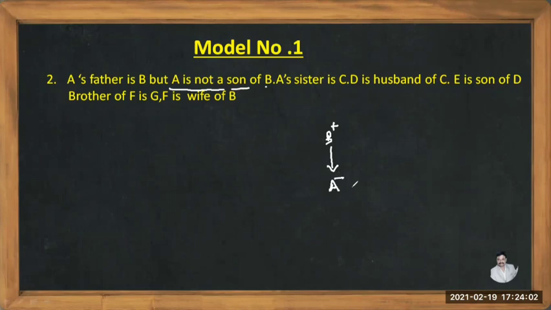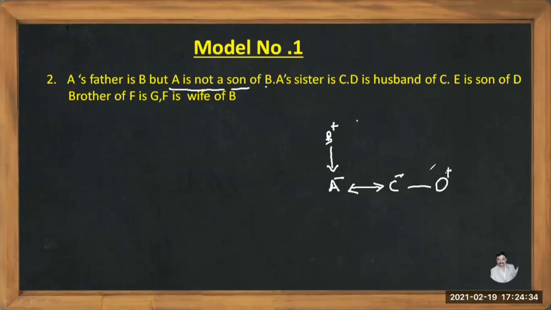A's sister is C means the sister relation we show by implication; sisters are of each other. And D is husband of C. I already told you we have learned this husband-wife relation. As D is husband of C, D must be positive.